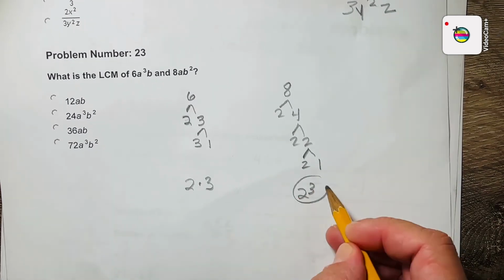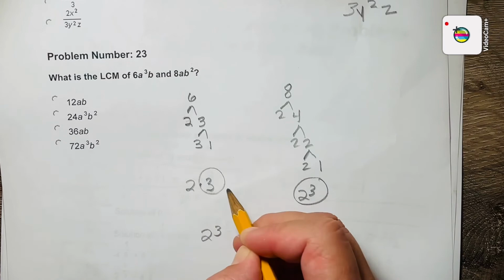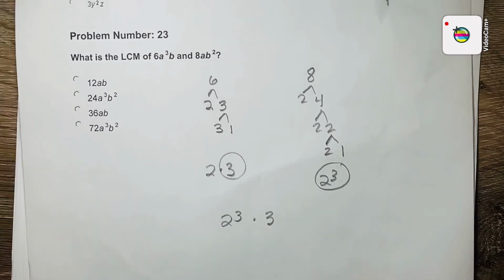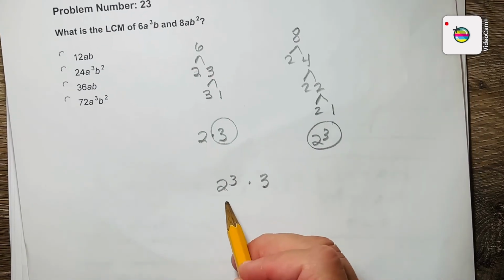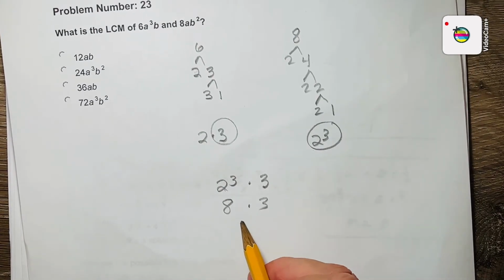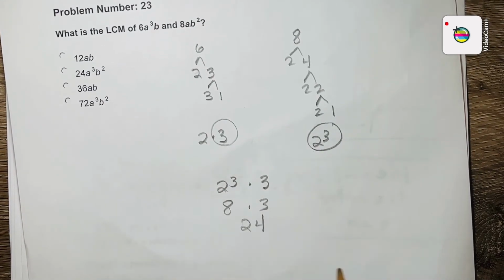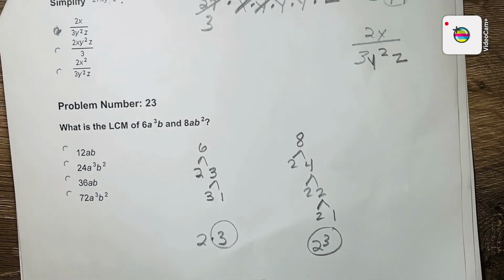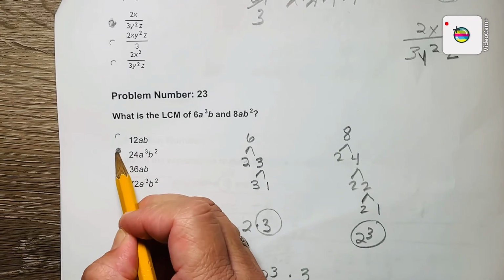Circle the largest of each factor. Multiply that together, and you'll get 8 times 3, which is 24. So the least common multiple for 6 and 8 is 24.